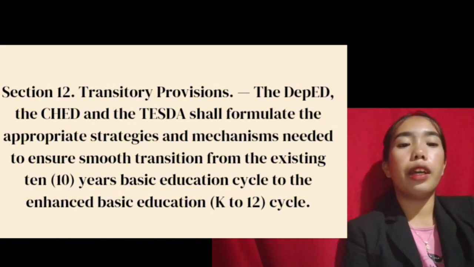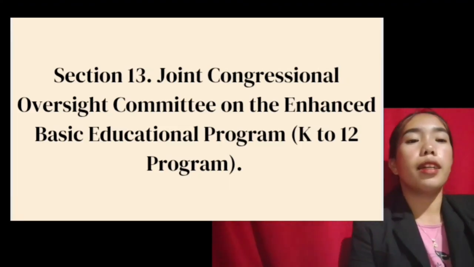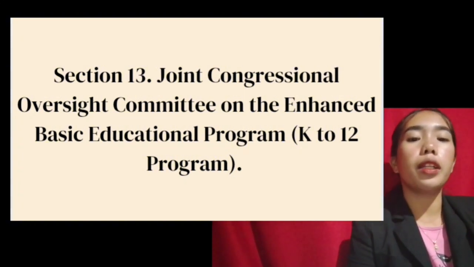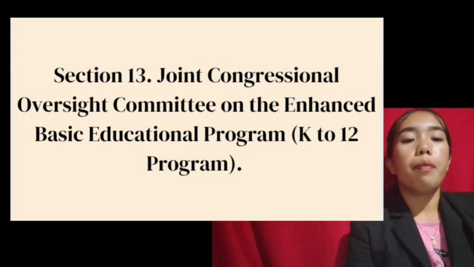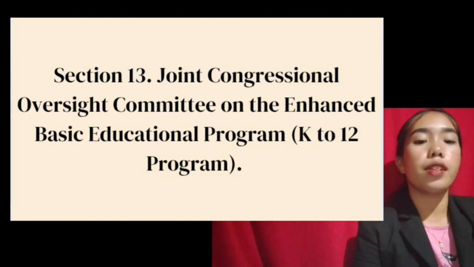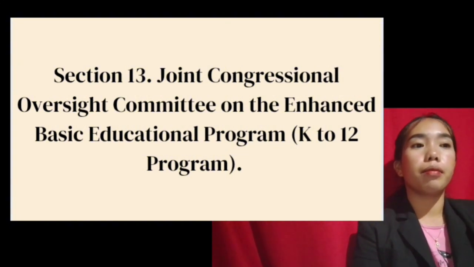In Section 13, creates a joint congressional oversight committee. This committee will be responsible for monitoring, evaluating, and overseeing the implementation of the Enhanced Basic Education Program or K-12. This ensures that the program is carried out effectively and that any necessary adjustments are made.